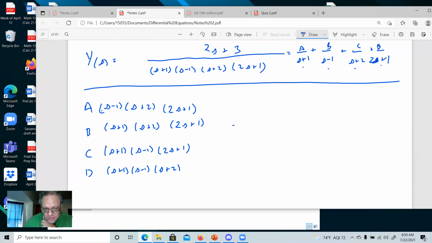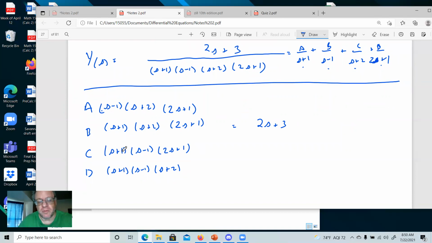Right? And this is all equal to 2s plus 3. Now, normally I'm not a big fan of using the shortcut. However, in this case, multiplying all of this out and then solving the 4x4 system of equations that's going to result from it sounds absolutely delightful, and nobody should really be allowed to have that much fun.